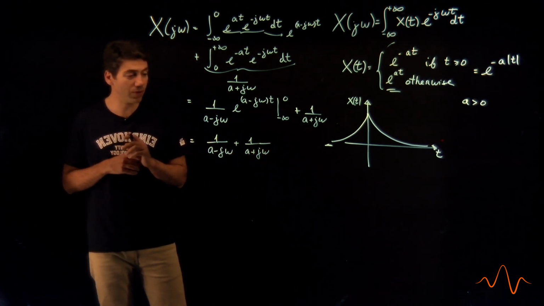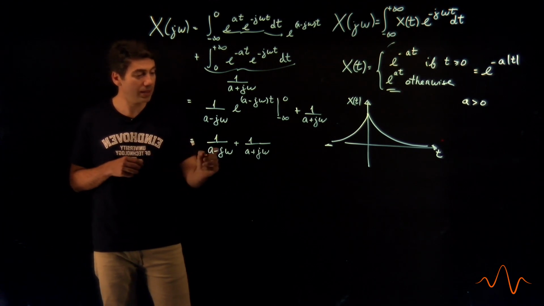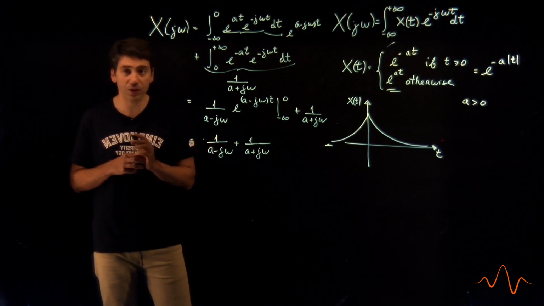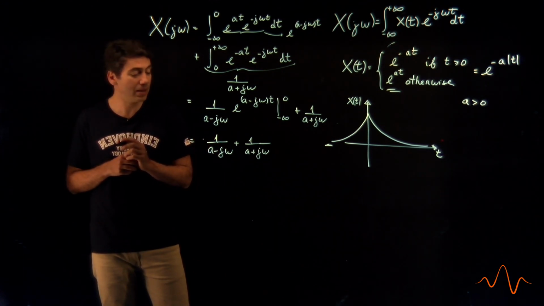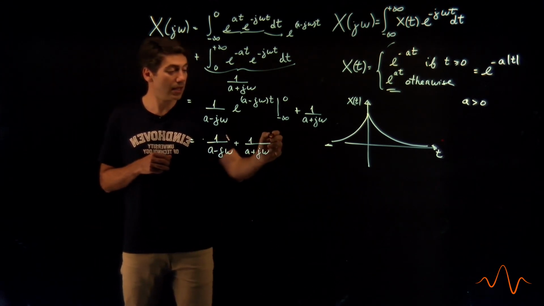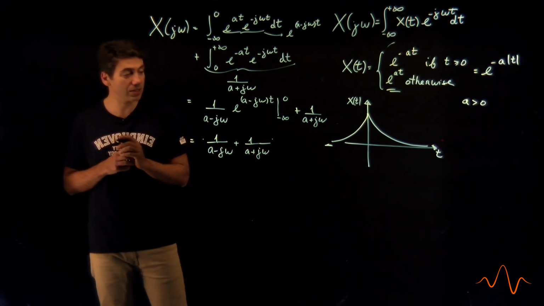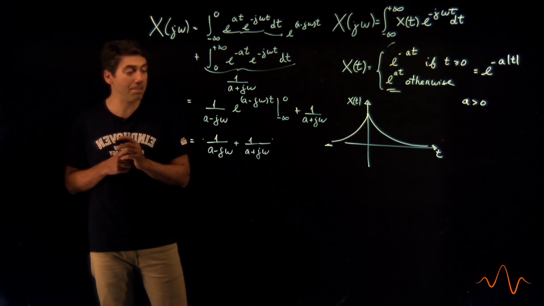Now to write this in a more friendly way, I'm going to multiply the numerator and the denominator of this first term by a plus j omega, and the second term I'm going to multiply by a minus j omega.